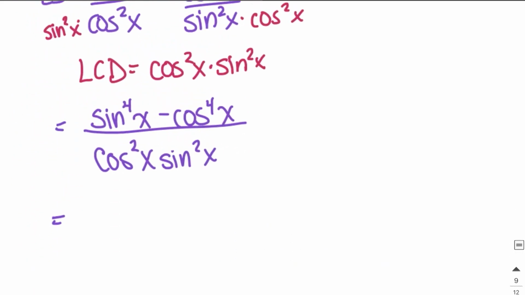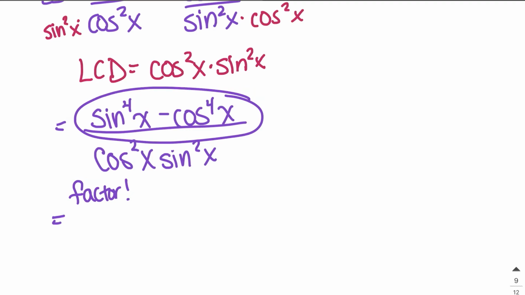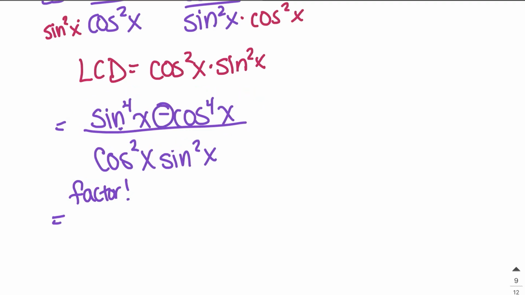So right here, I'm going to factor. How do I know I can factor? Because when I look at this right here, I see a difference of perfect squares. I see two terms, I see subtraction, and I see expressions that are perfect squares. So I'm going to factor my numerator right here. First I'm going to have brackets here.